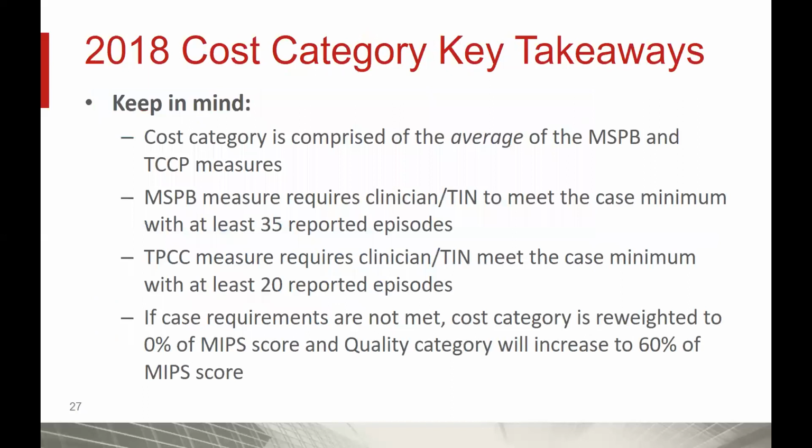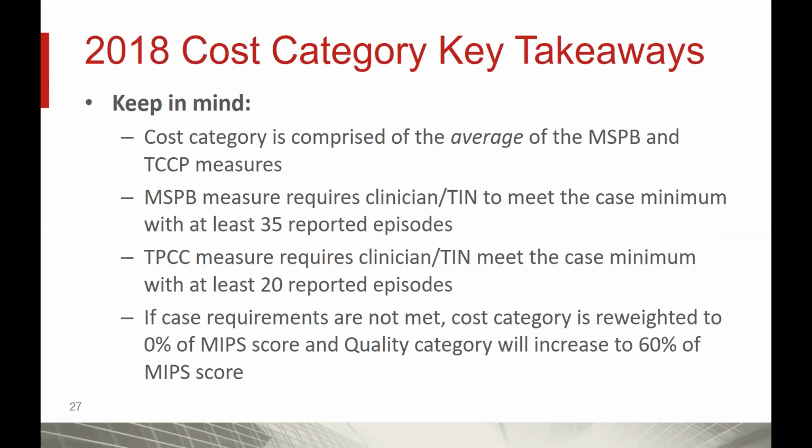So I wanted to remind you of some key takeaways for this particular performance category. So important to keep in mind that the cost category is comprised of the average of the MSPB and TPCC measures. So you will be evaluated on both measures, and if you're not able to meet the requisite requirements to be scored on one measure, that's okay because you can still earn points on the other measure.